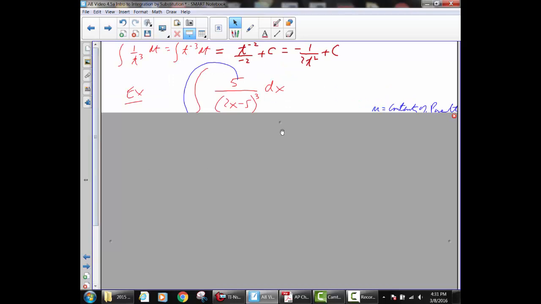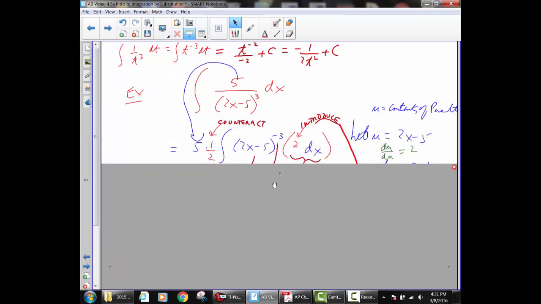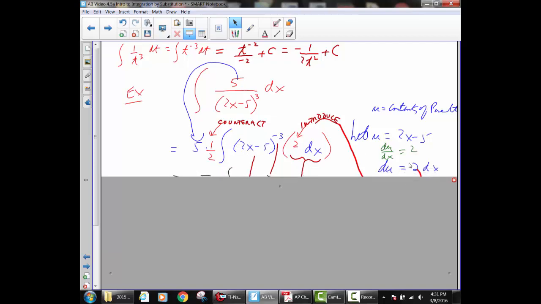Okay, here's another one. The first thing I would do is bring this 5 on the outside, and bring this 2x minus 5 cubed that's in the denominator up here and make it a numerator with an exponent of -3. I'm going to let u equal the contents of the parentheses, which is 2x minus 5. The du is 2 dx. I've already got the dx.